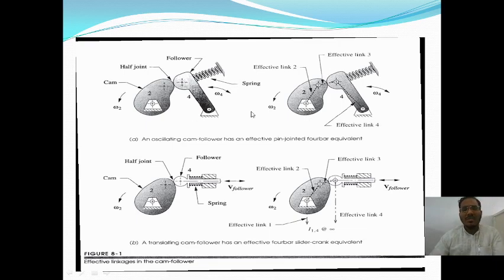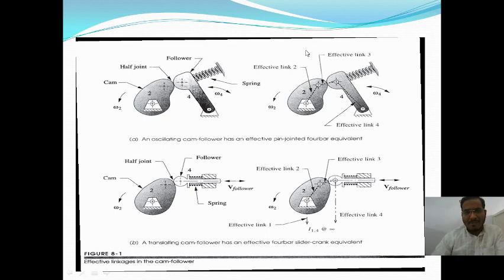So in this mechanism we are using the spring. Next is translate. Here the two diagrams are translating: the cam follower has an effective four-bar slider crank equivalent. It is a pin joint four-bar equivalent mechanism. Pin joint means here we are using the springs in a fixed position. It is just a pin joint.